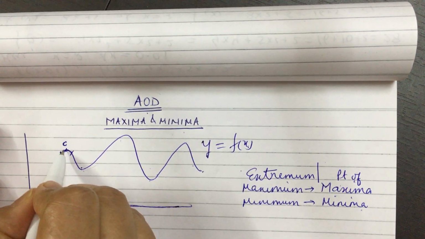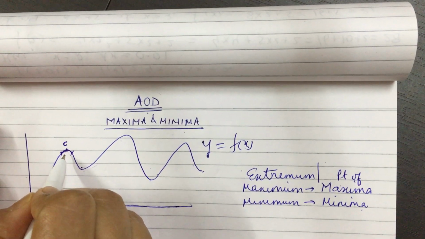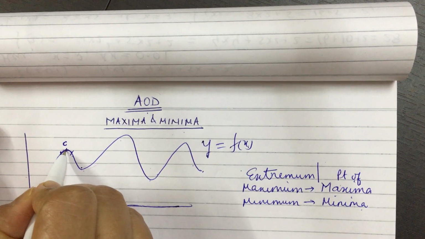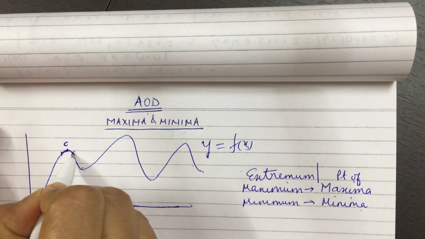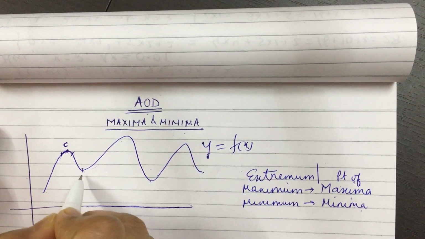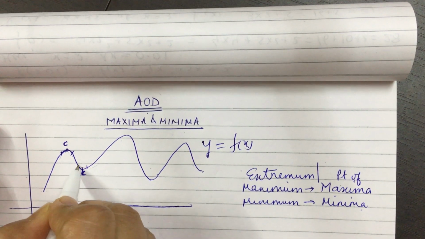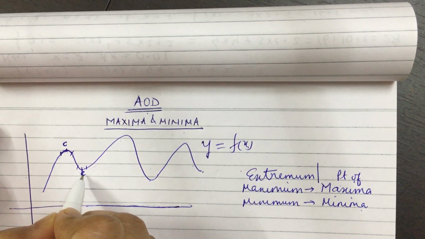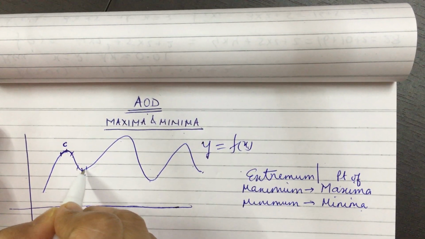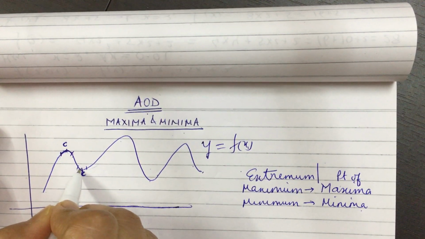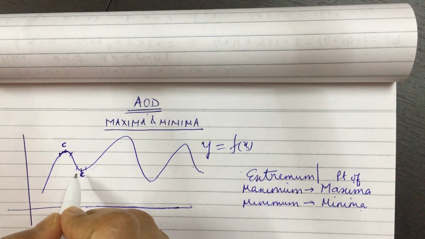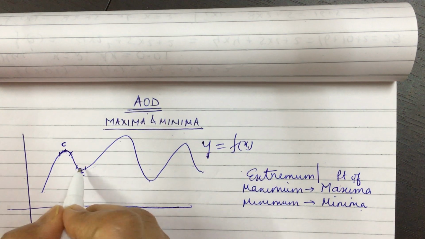So the value of the function in the immediate neighborhood is maximum, and so we call this a point of maximum. Similarly, if C is a point such that in its immediate neighborhood the value of the function at C is least as compared to the immediate neighborhood, then we say that this point is a point of minima or minimum.